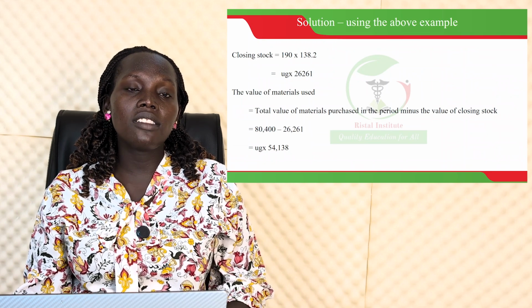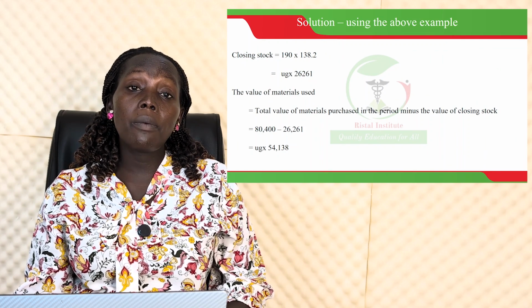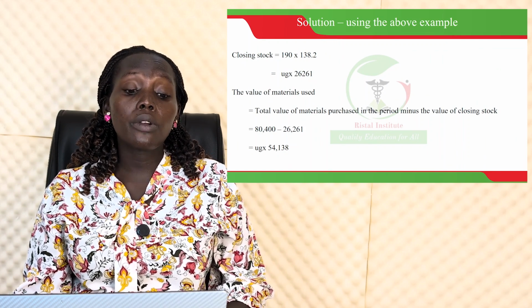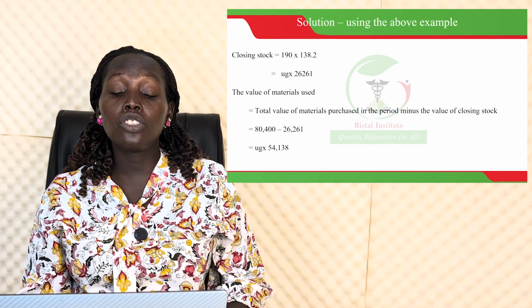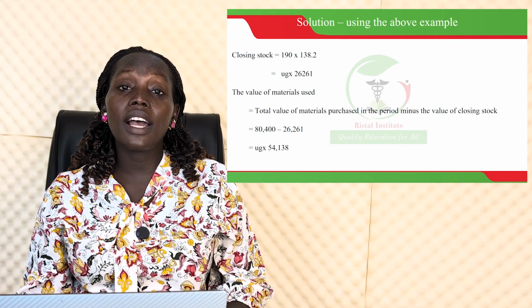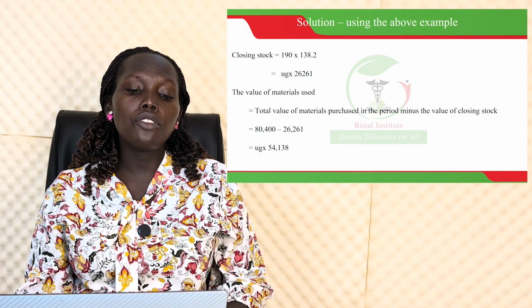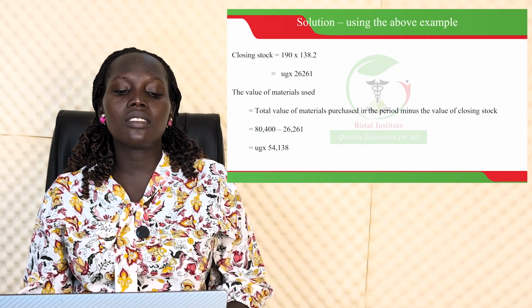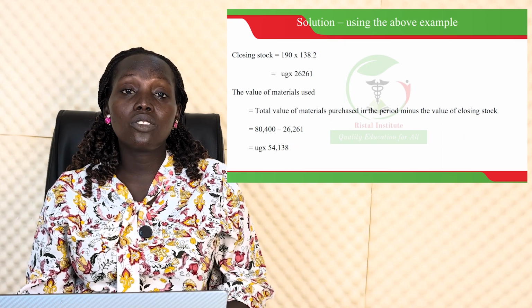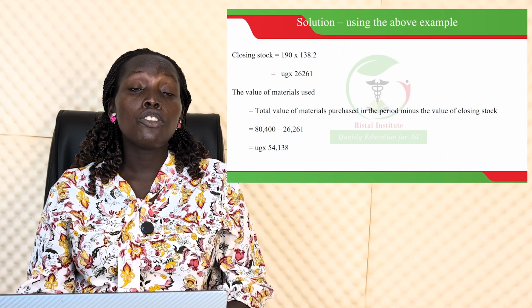So they are telling us to come up with the value of material used. How do you come up with the value of material used? You get the total value of material purchased in the period minus the value of the closing stock. So you add all the purchases, the amounts.